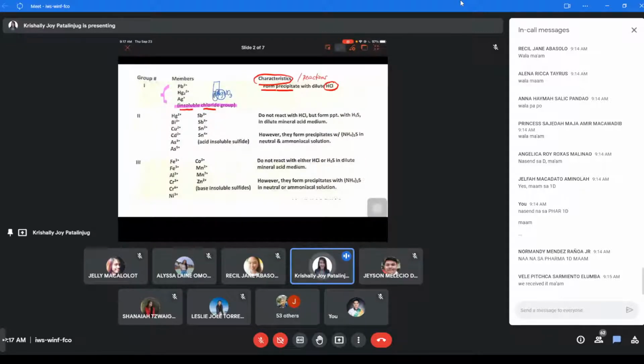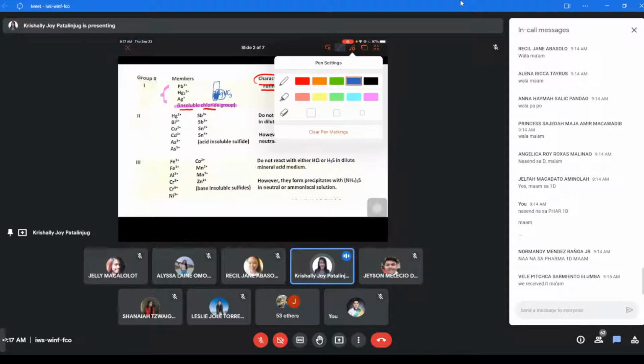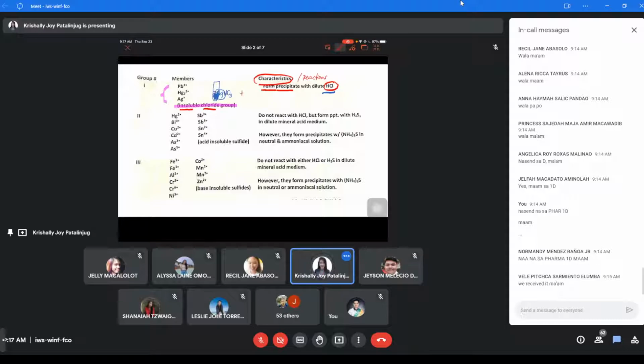So to identify it with this precipitating agent, we can add hydrochloric acid, diluted or concentrated, and you will form a precipitate here. Because it says here, silver is a group 1 cation, insoluble chloride group. Meaning it will really form a precipitate.